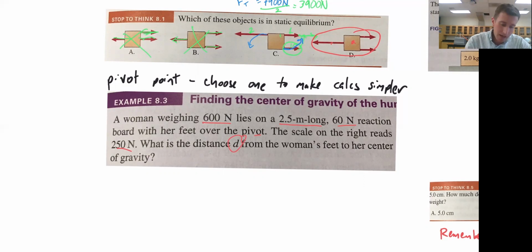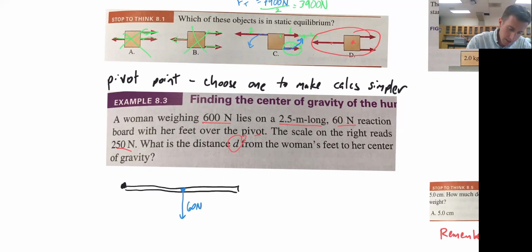Okay, so I've got a system here. I'm going to draw this out again. There's my pivot point. I've got this board out here, and it's called a reaction board. And it says that it is 60 newtons, and that would be right at the center point, right? So that would be 60 newtons down there, and it's 2.5 meters long.